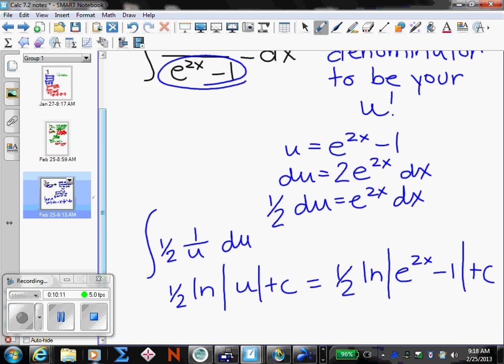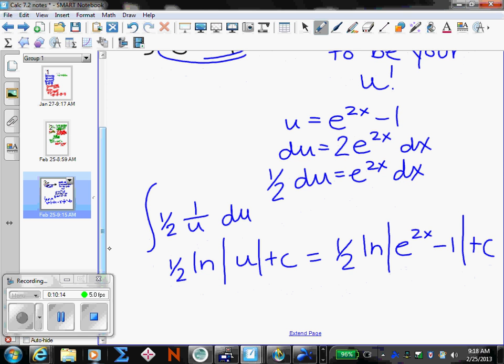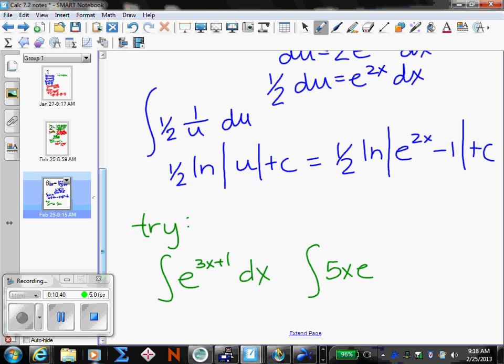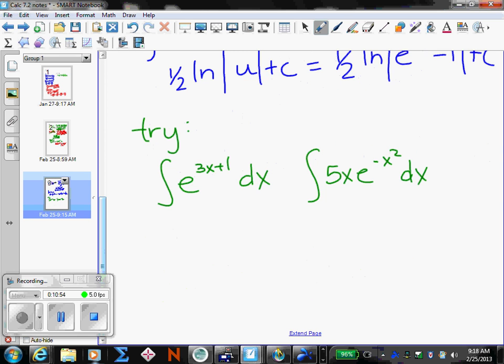Okay, I want you to try a couple for class tomorrow. So I would like for you to try the integral of e to the 3x plus 1 dx, the integral of 5x e to the negative x squared dx, and then one last one, the integral of e to the 1 over x over x squared dx.